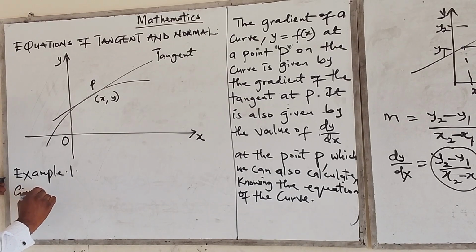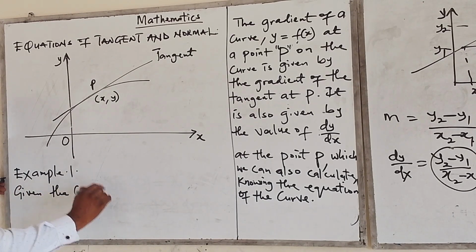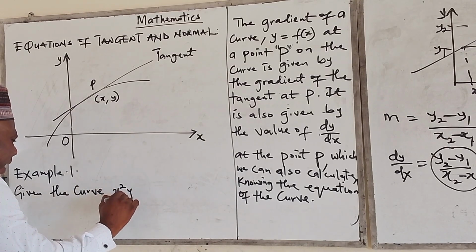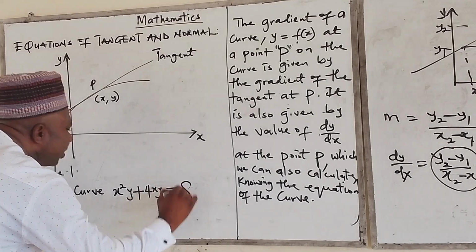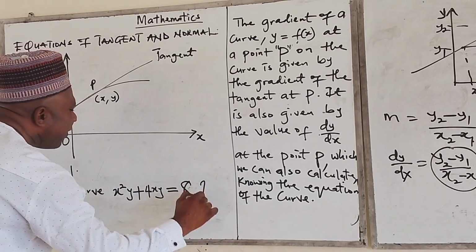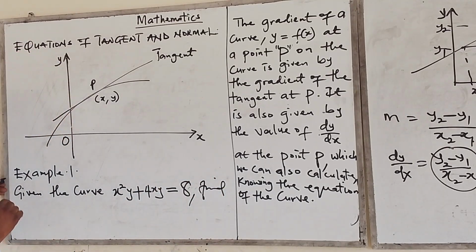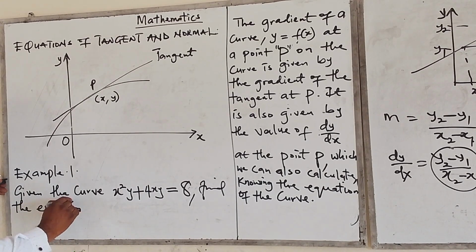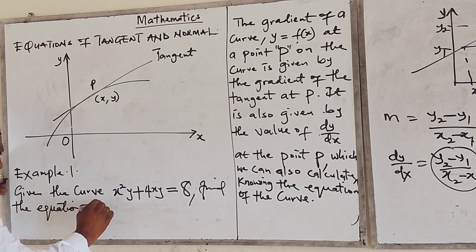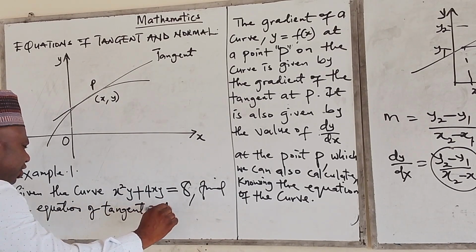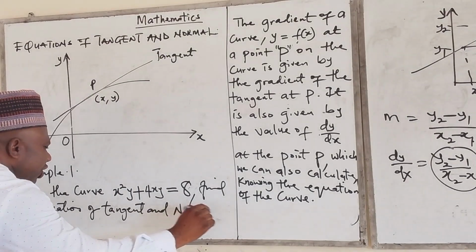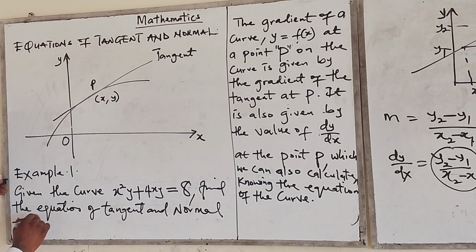Given the curve x squared y plus 4xy is equal to 8, find the equation of the tangent and normal to the curve.